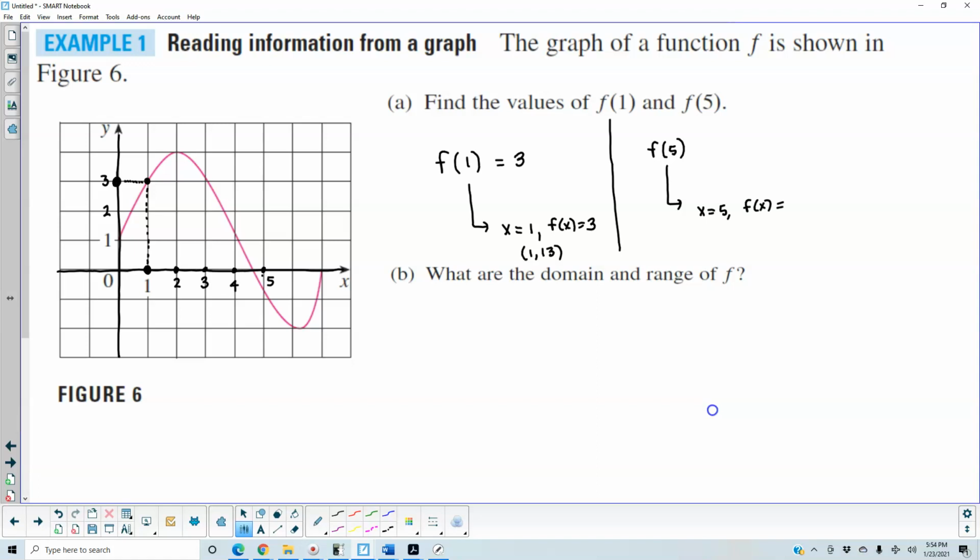If we go down a little bit here, we get this value. It's a little bit below negative 0.5. So we can estimate this to be approximately negative 0.7.